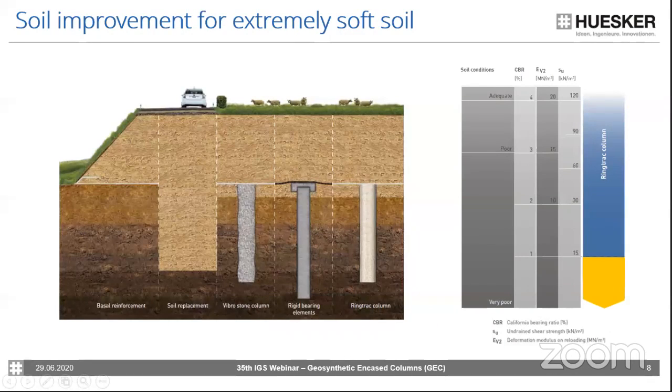When we look at our soil conditions, like on this graph on the right-hand side, we can see that the Ringtrac column really gives the biggest benefit for extremely soft soils with undrained shear strengths less than 15 kPa. So this is the area highlighted here. The other systems will then have disadvantages like risk of tilting or bulging, or also the loss of fill material.